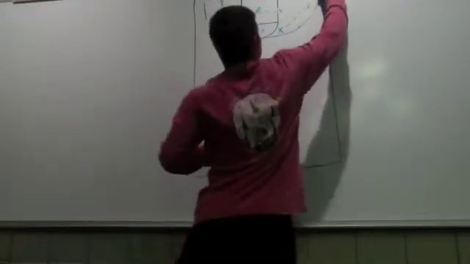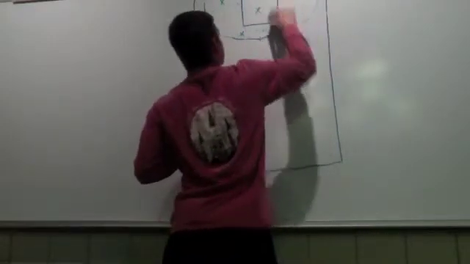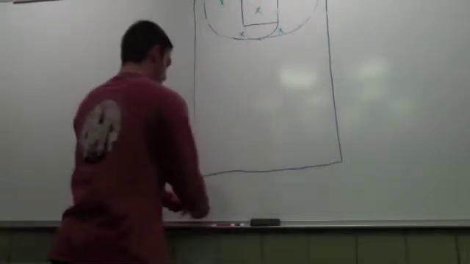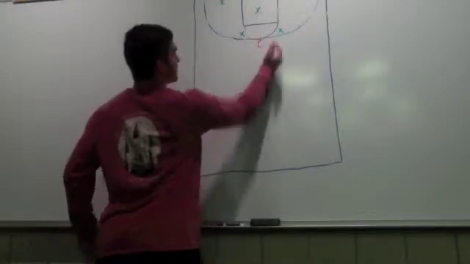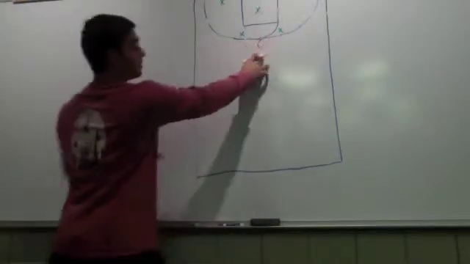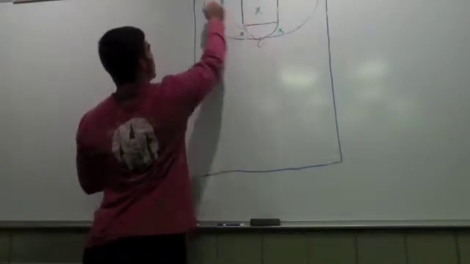So, for example, to continue on this 2-3 zone defense, if the ball starts here at the top and he doesn't penetrate, these guys don't squeeze, but he makes a skip pass all the way across court to here.